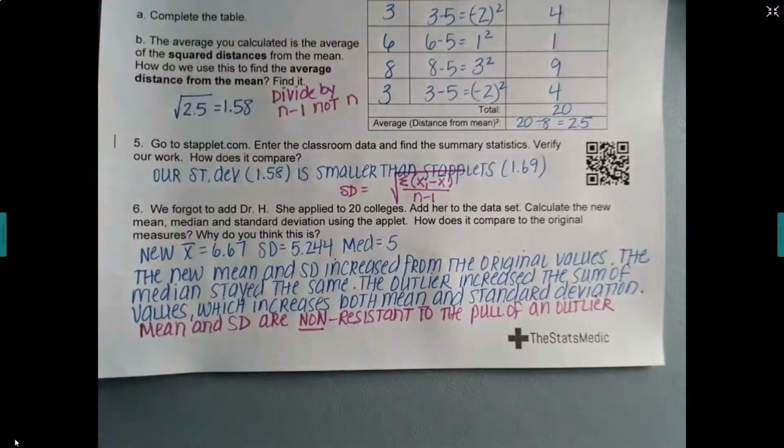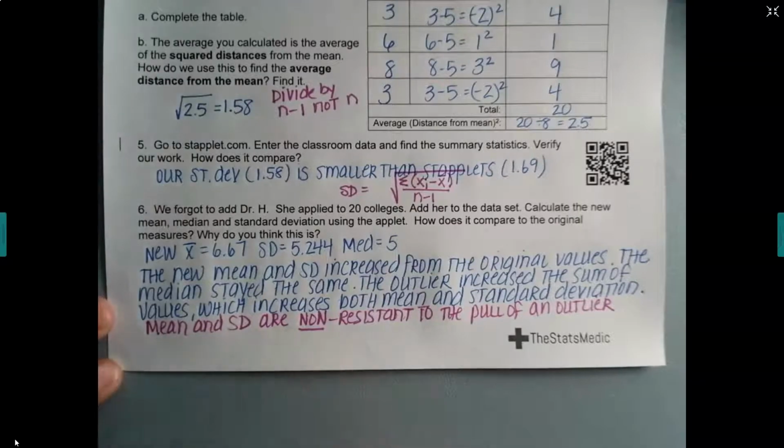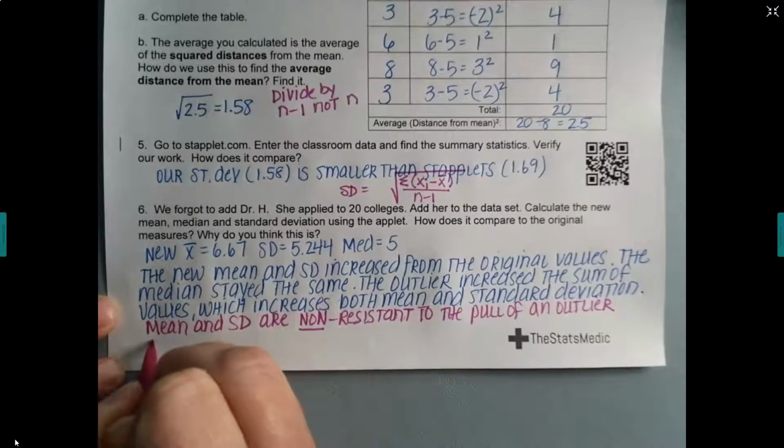Okay. What that means is that outlier, my 20 college applications, pulled the mean and standard deviation, but the median wasn't really affected because the median is the middle. The middle number didn't move that far by adding just one more value on the end. So mean and standard deviation are non-resistant.